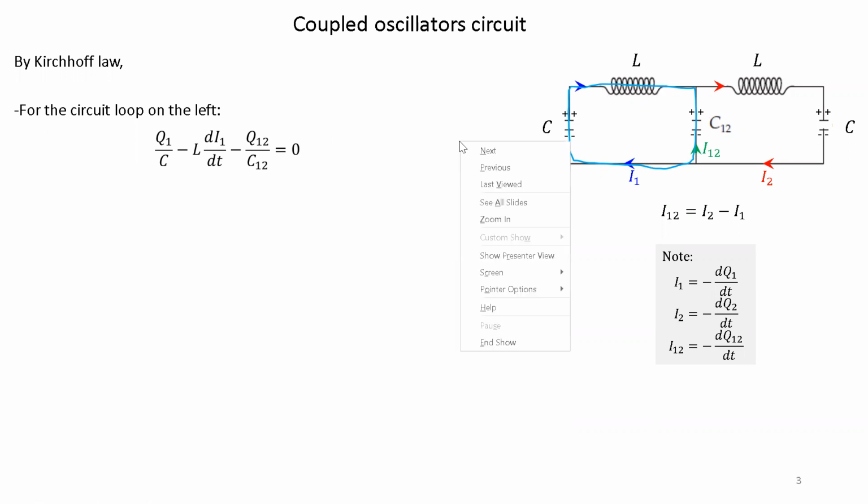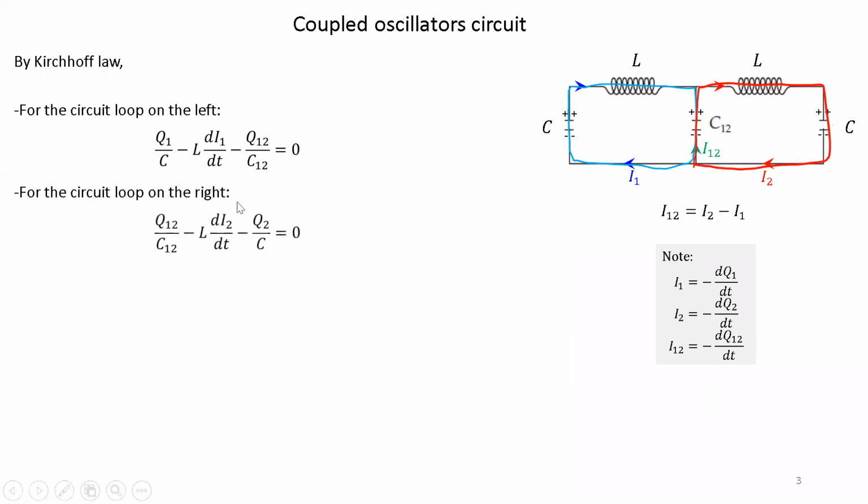Now similarly, if I consider the right loop this time, the one in red, then I have this equation. Again, three components. The first term from this C12, the second term from the inductor, the third term due to the capacitor on the right.